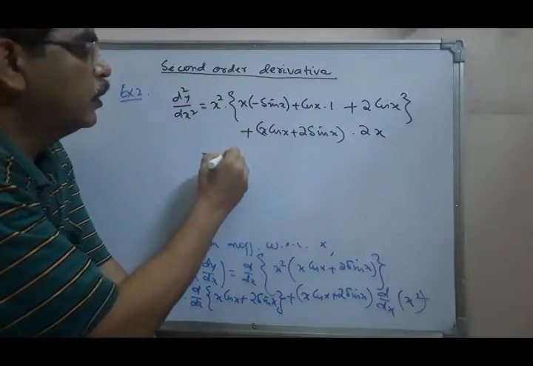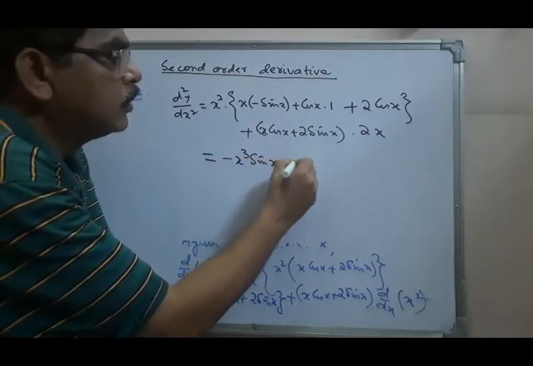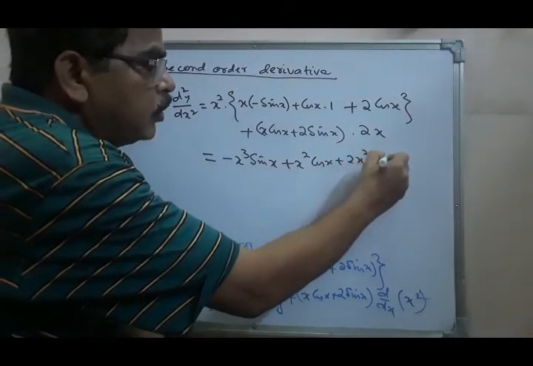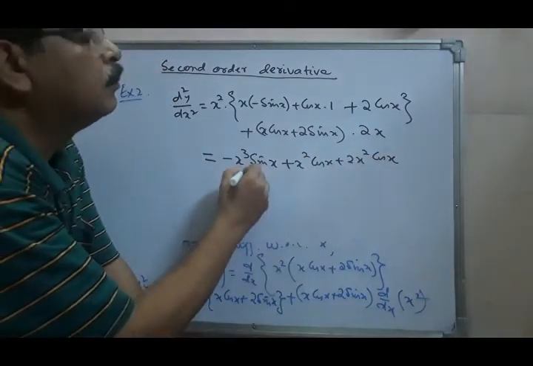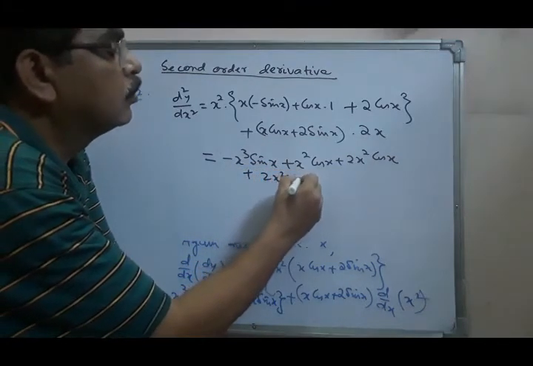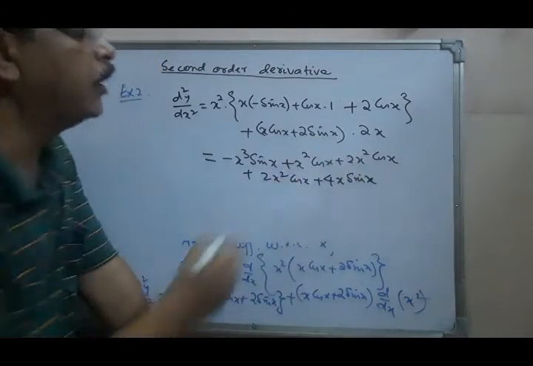Multiply: minus x cube sin x plus x square cos x, plus 3x square cos x, plus 6x sin x.